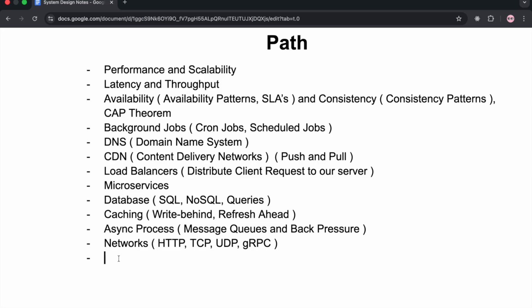After that we will go about monitoring, like availability, health, and security, and many more.